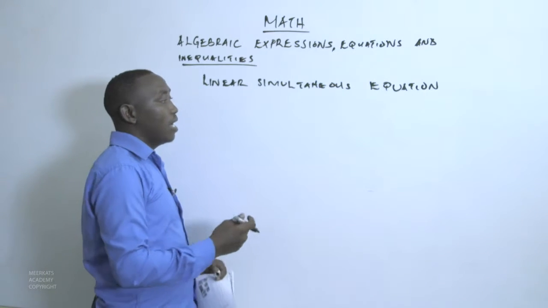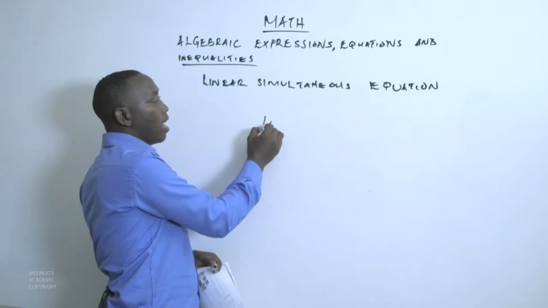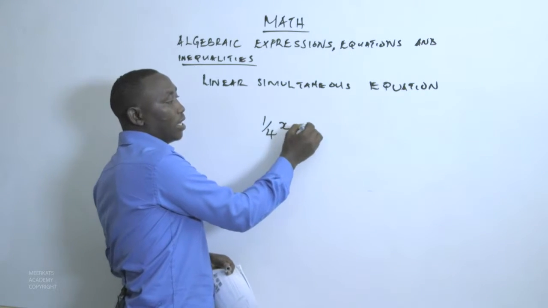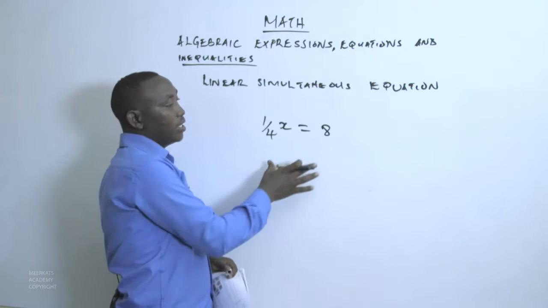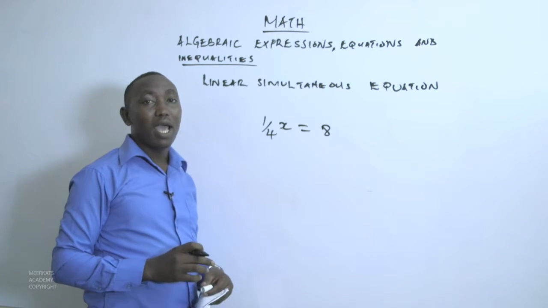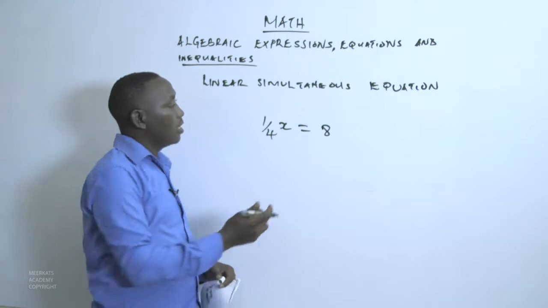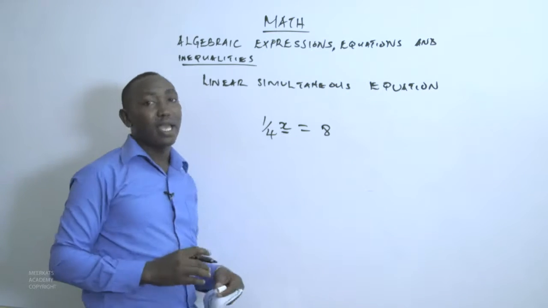If you are given a linear equation of the form a quarter x is equal to 8, for instance, this kind of equation only has one unknown. That unknown is the x.